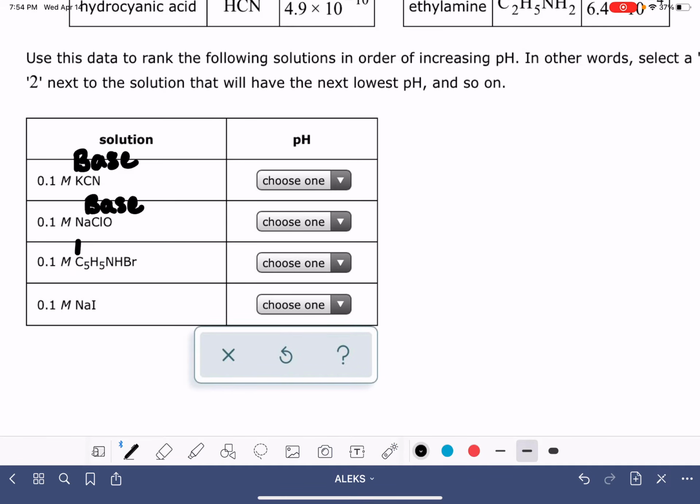So that means that this is an acidic cation. And then our anion, bromide, is one of the neutral anions. So this is an acidic compound. And then last but not least, we have sodium, which is neutral, and we have iodide, which is also neutral. So that makes this whole ionic compound neutral.